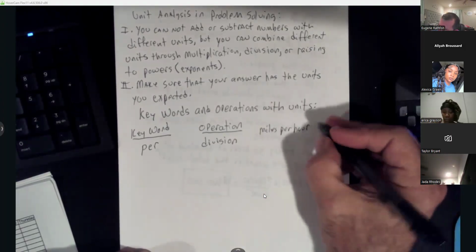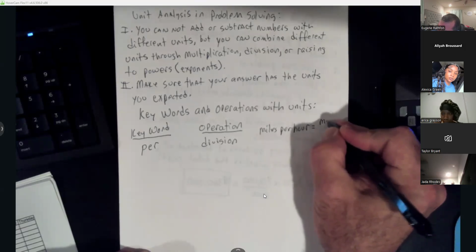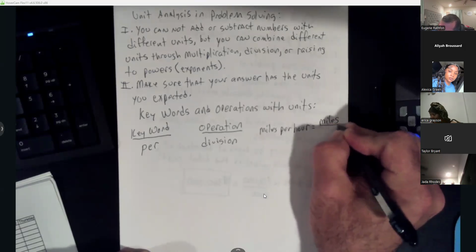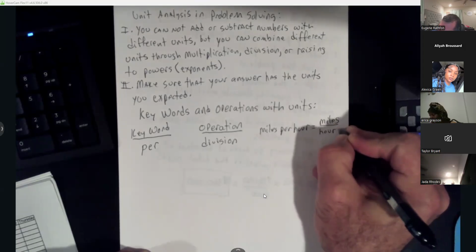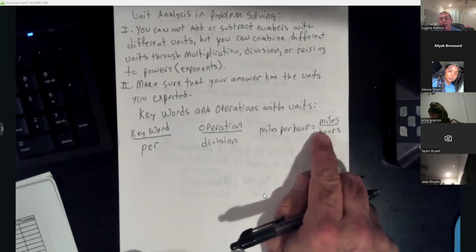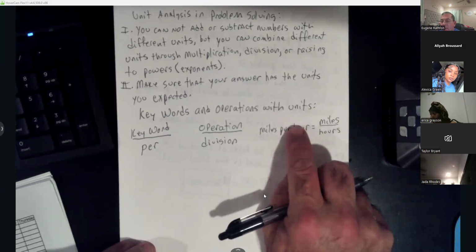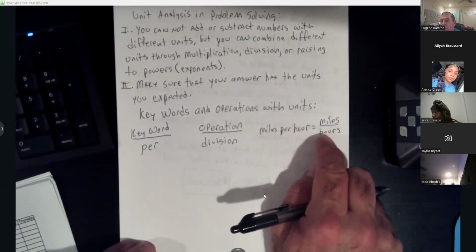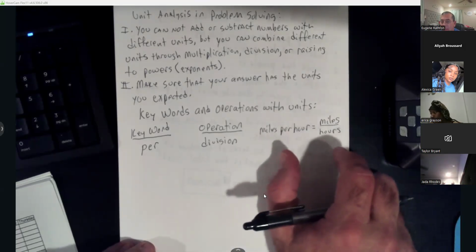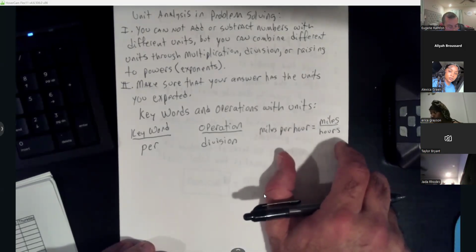Miles per hour is equal to miles divided by hours. That's how you find the speed in miles per hour. So to find my speed, I would take my miles, divide by the time, and get my actual speed.